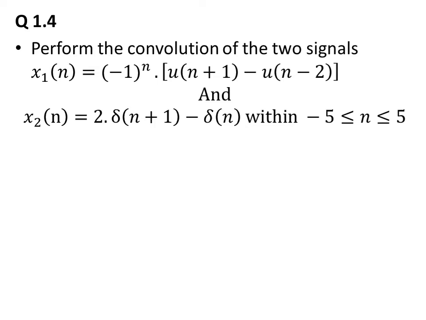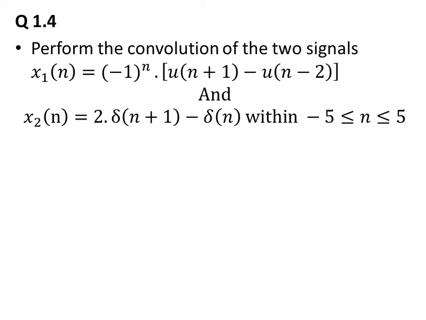And x2[n], that is 2 into delta[n+1] minus delta[n], right? So actually what this says is, 2 into delta[n+1] means 2 is the value at n equal to minus 1, and minus 1 is the value at n equal to 0.